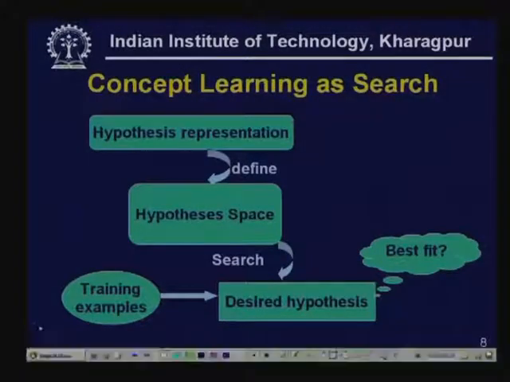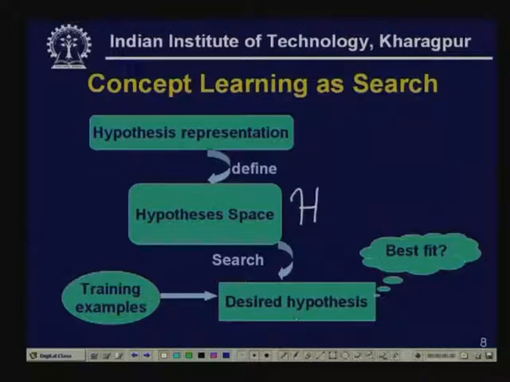Now, the concept learning problem is schematically represented in this figure. We decide a hypothesis representation which defines the hypothesis space H. The way that we are going to represent the hypothesis defines the hypothesis space. We will talk a little bit about this presently.